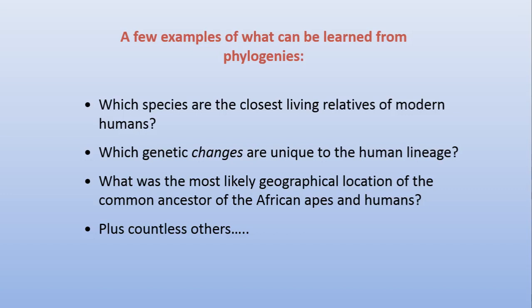We are now able to answer questions like which species are the closest living relatives to modern humans. With the help of modern phylogenetics, we now know which genetic changes are unique to human lineages and not present in their ape counterparts. We also know the most likely geographical location of the common ancestor of African apes and humans.